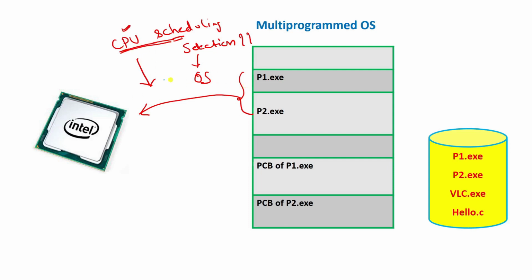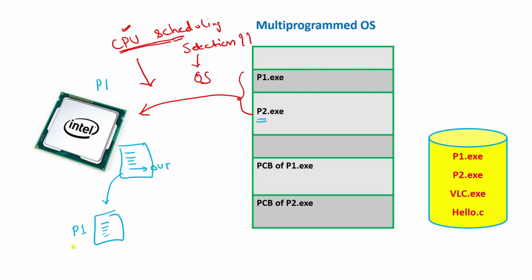And let's say OS selects P1 and it starts executing on the CPU, right? And after some time, let's say some out instruction comes, something like a printf instruction, and now we want the monitor, that is the output device. So when P1 is using this output device, that is the monitor, in that particular time OS can select another process also, because that is actually present inside your main memory.